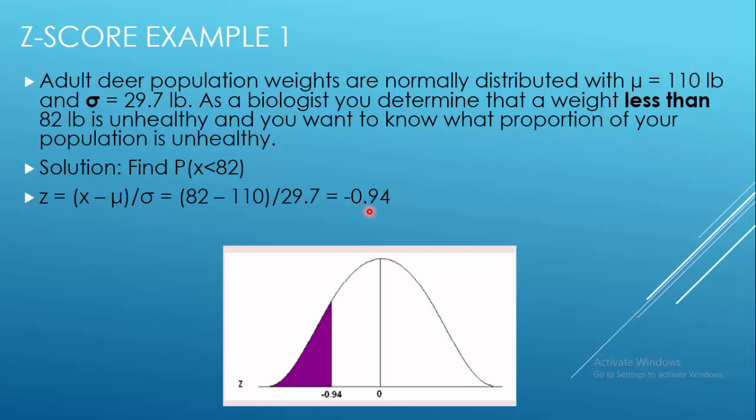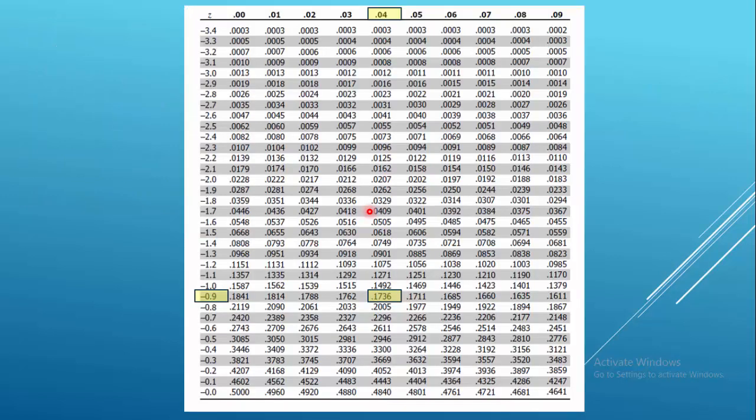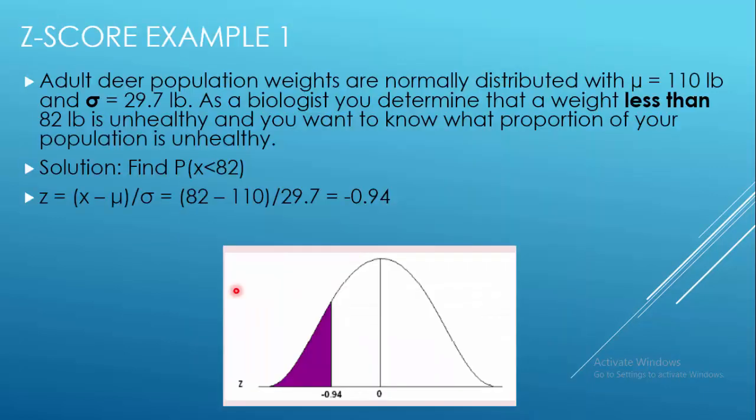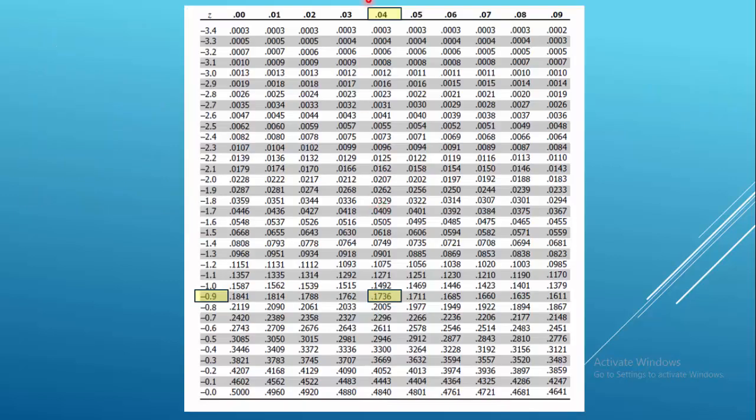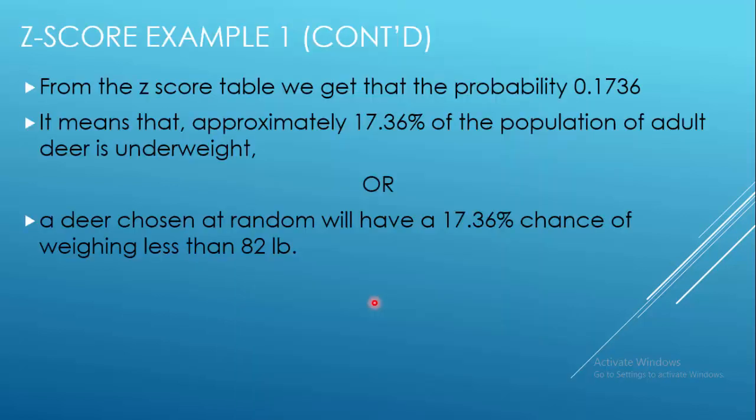Now how do we find the area under this curve? We look at minus 0.9 in the row and 0.04 in the column, and find the intersection of these, which gives 0.1736.